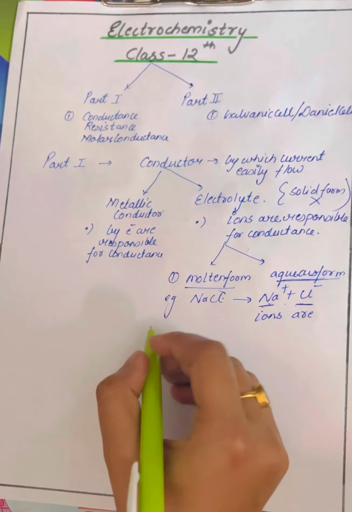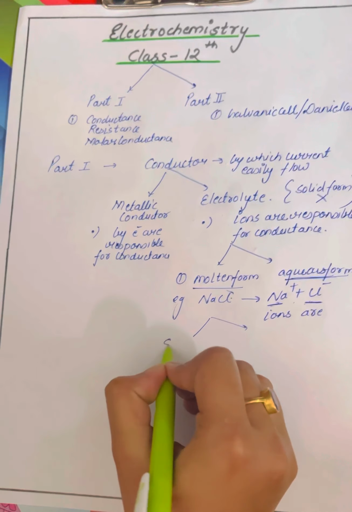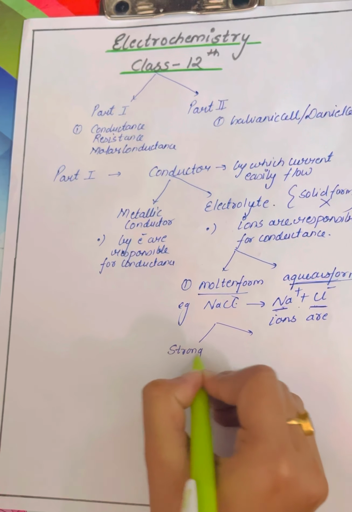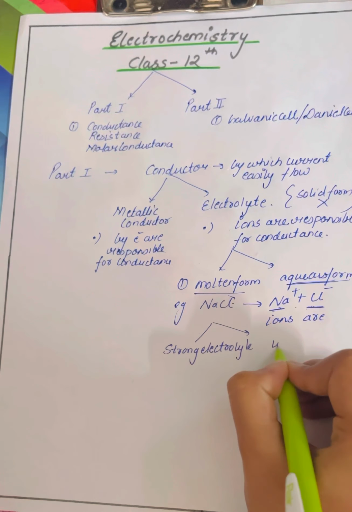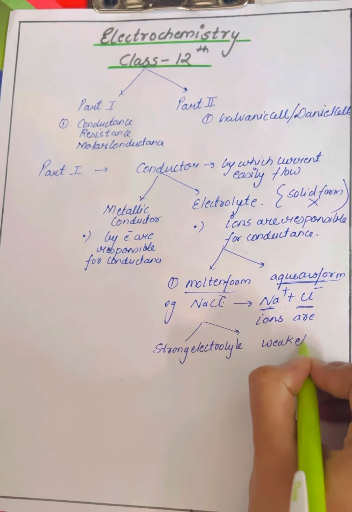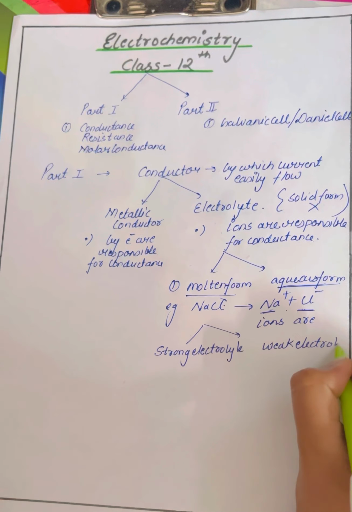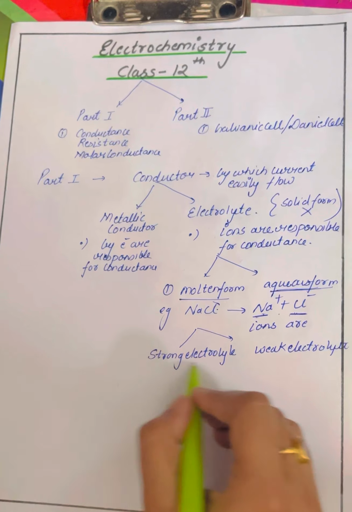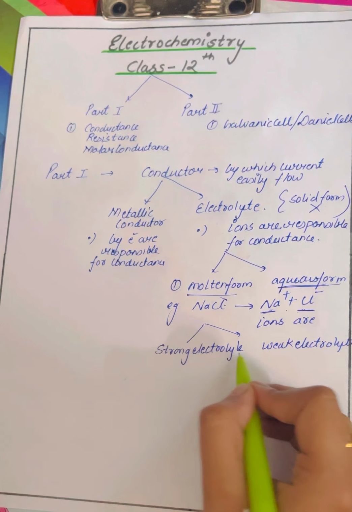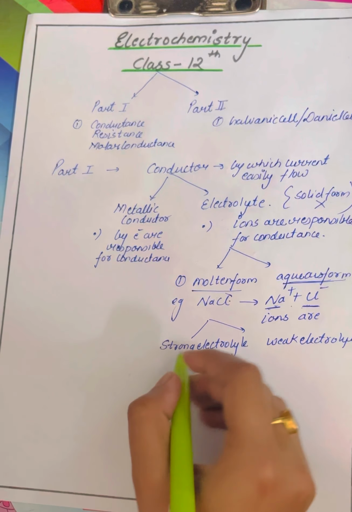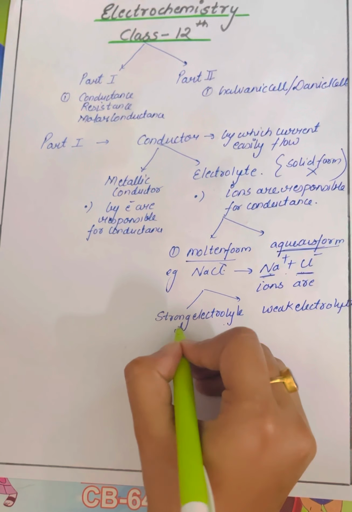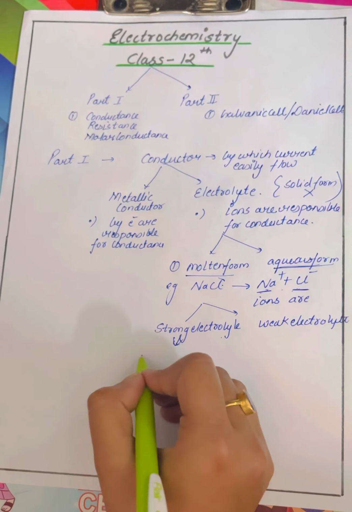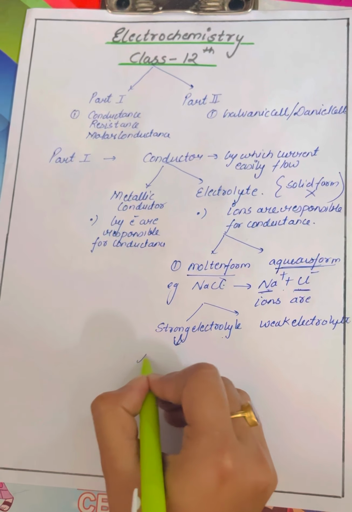Now the electrolytes are of two types: strong electrolyte and weak electrolyte. So how can you answer what is strong electrolyte and weak electrolyte? A strong electrolyte, when we dissolve it into water, gets completely ionized.